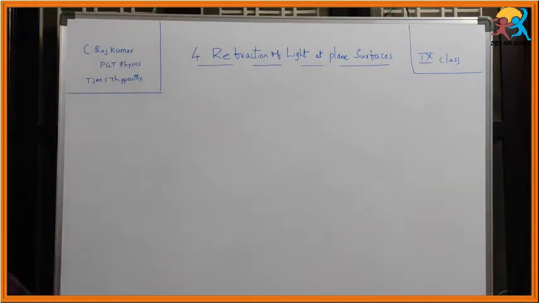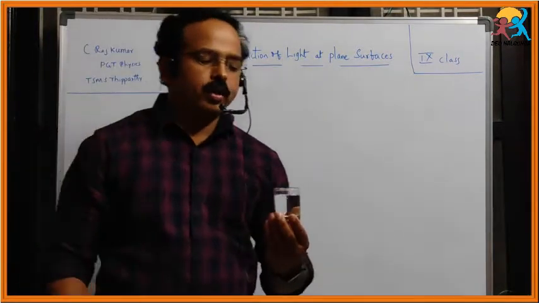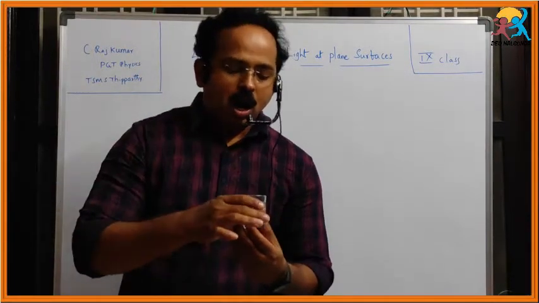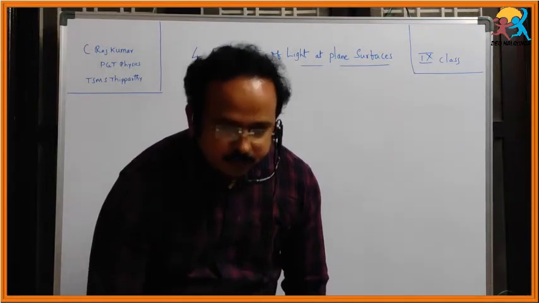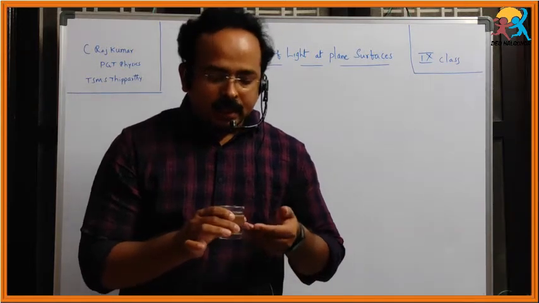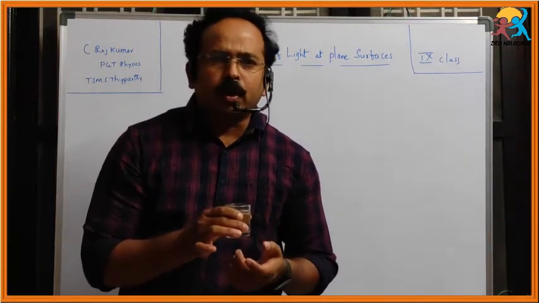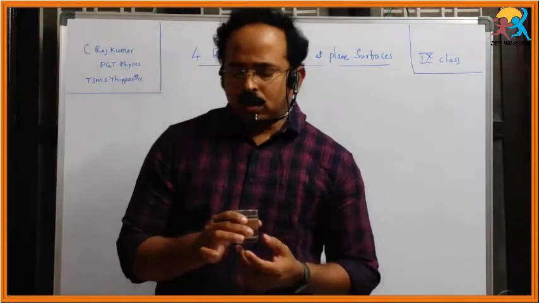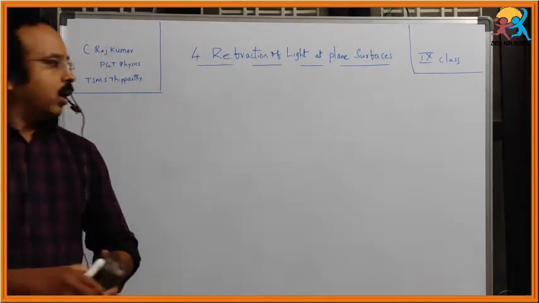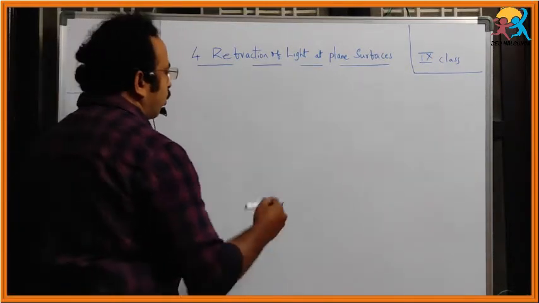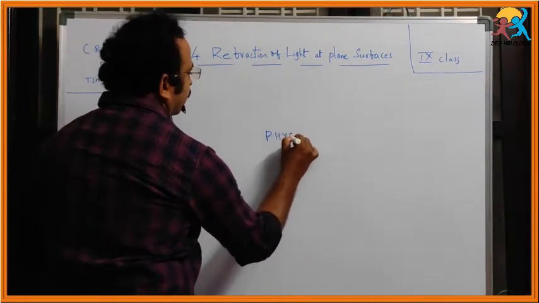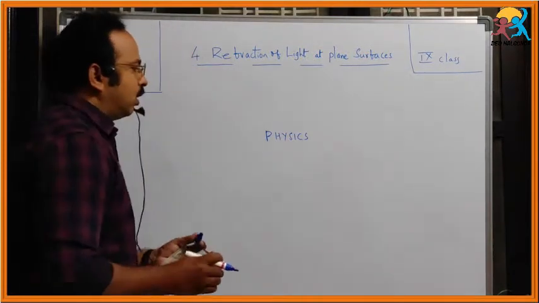And in another case, when this 5 rupees coin is kept inside the water and you observe from the top, it appears to be somewhat raised from the bottom level. Similarly, here I am writing the word physics.